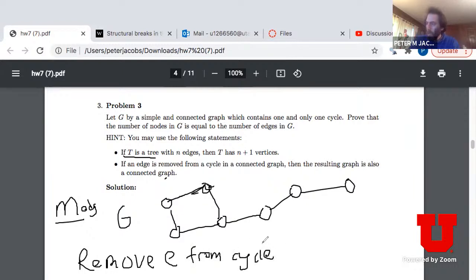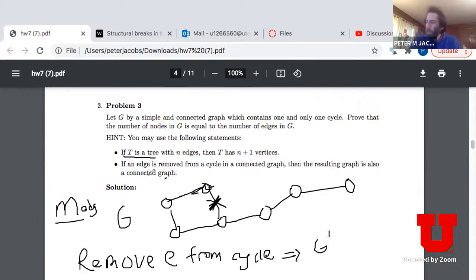In our picture, let's say we just remove this edge. That produces a new graph G prime. G prime does not have the cycle that it originally had, so now there are no cycles in G prime, because we got rid of the cycle.